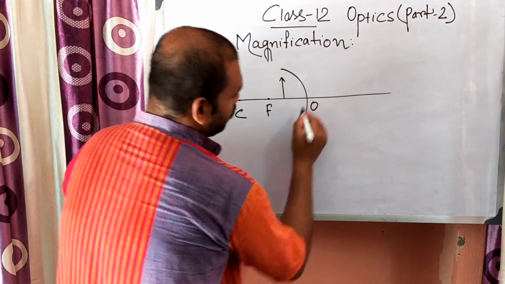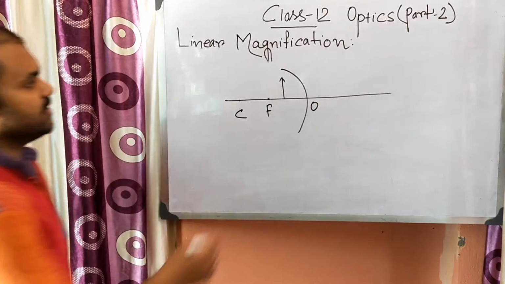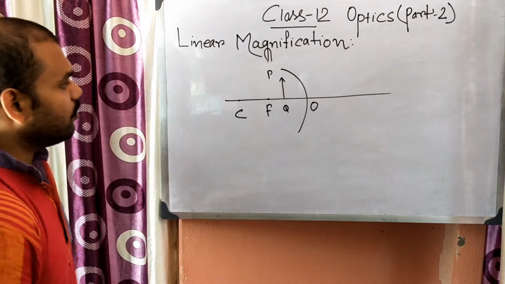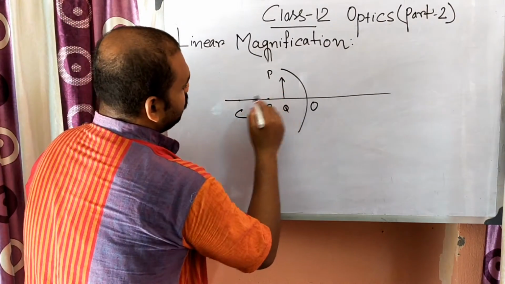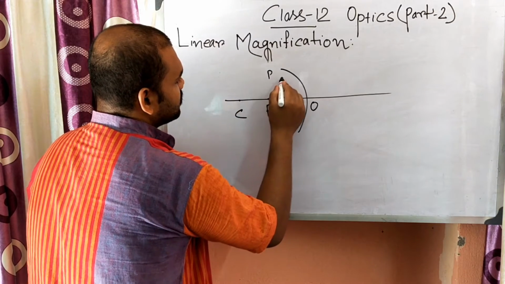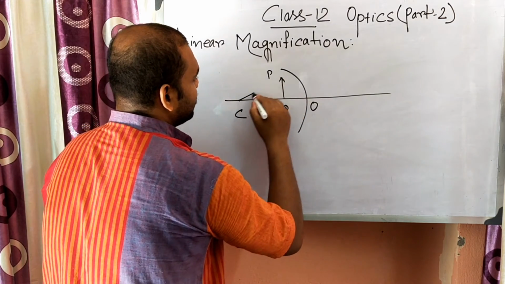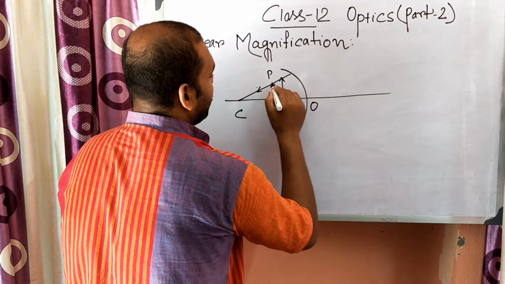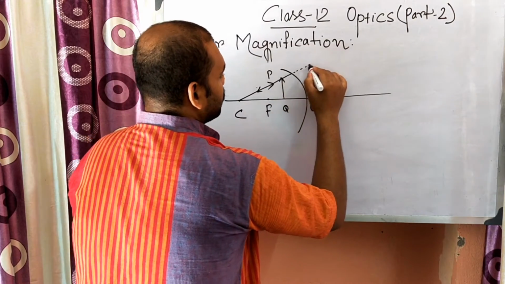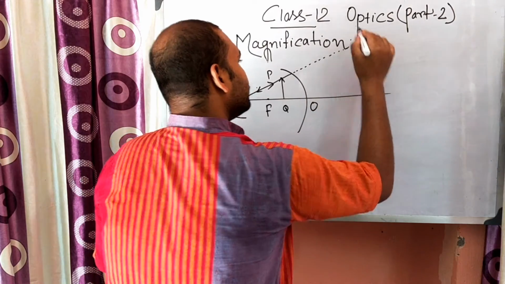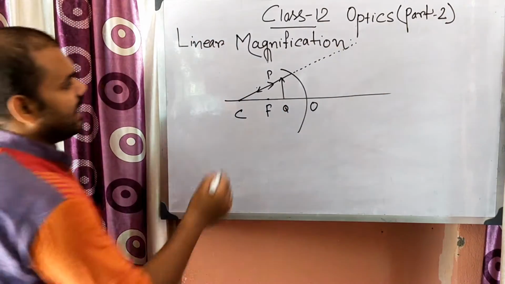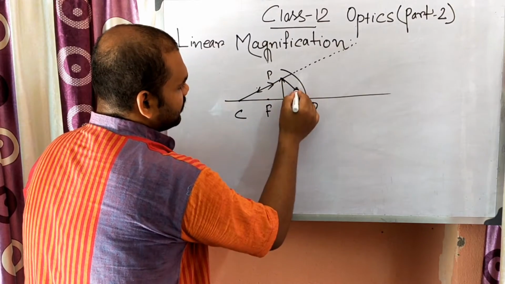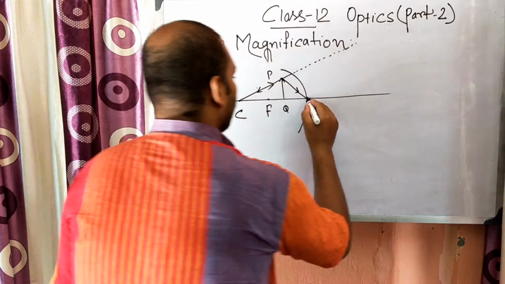This is the pole, and we are placing the object, so this is P, this is Q. Now a ray which is directed towards the center of curvature like this, after reflection will come back. Another ray which is coming like this, after reflection will go like this.